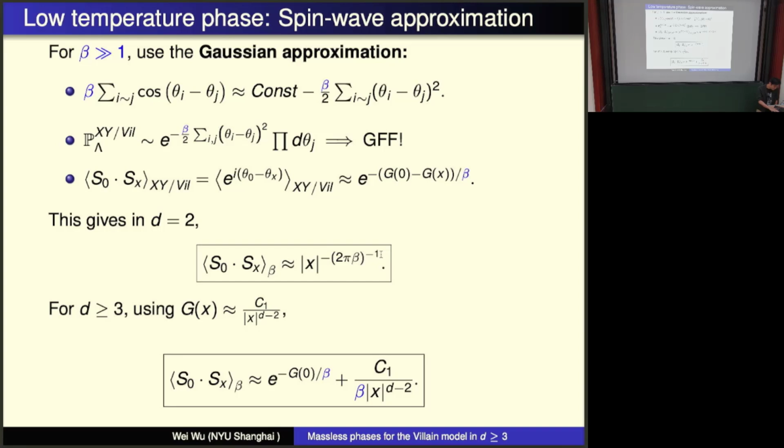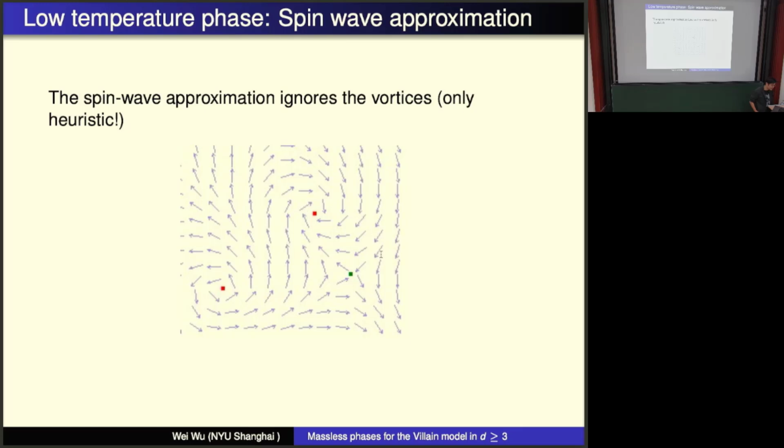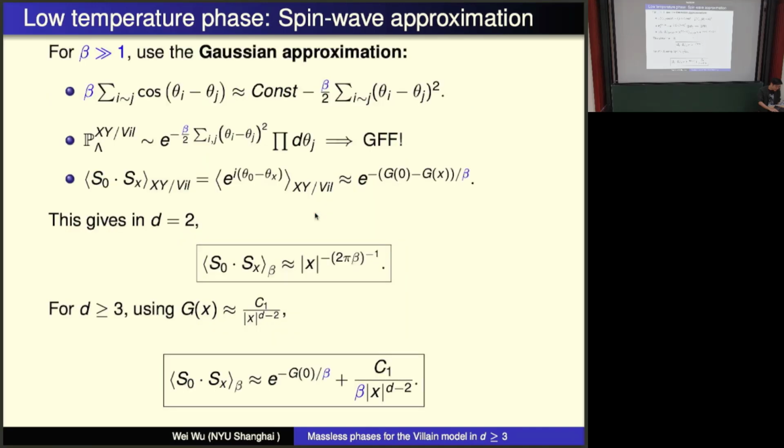Okay, so the reason that this spin wave is not very precise is that it neglects the occurrence of the vortices. As we see, in a spin system taking values in U(1), there will be vortices and anti-vortices at some point, and these vortices actually interact and change the behavior of the two-point function.